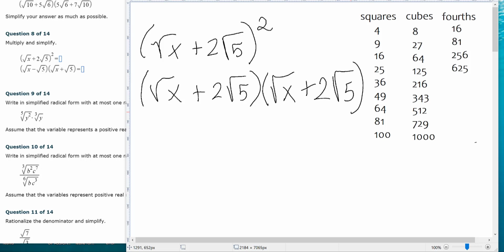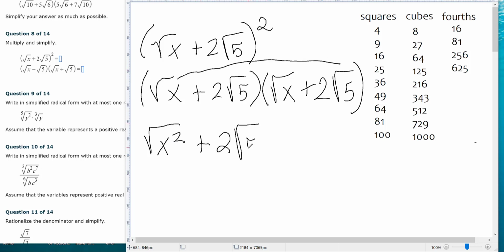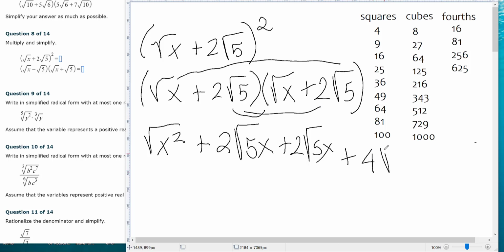So now I've got to do first times first, the square root of x squared, plus outer 2 square root of 5x, inner 2 is plus 2 square root of 5x, and then the last 2 is plus 4 square root of 25.